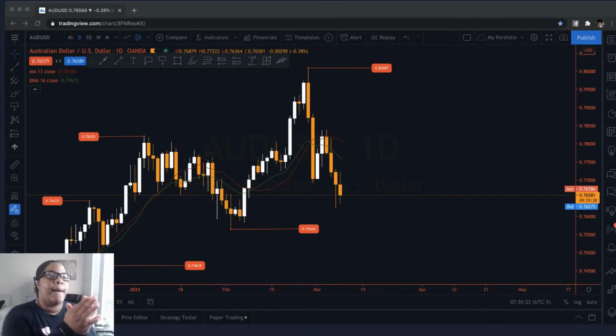Are you the buyer or are you the seller? For me, I am the buyer, because price is in an uptrend here on the daily time frame. So since I'm the buyer here on the daily time frame, my position is buys only unless price passes 0.75642. But until we get there, I have to stay firm in the buying mindset.